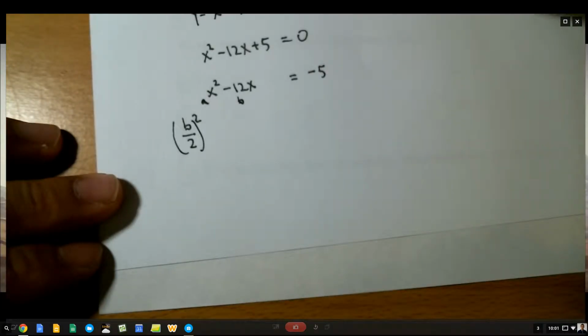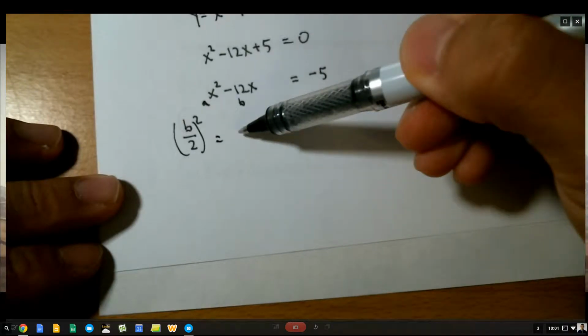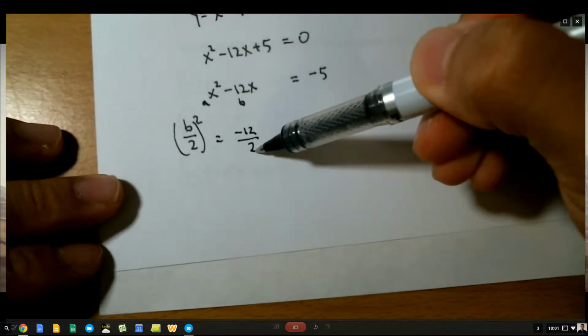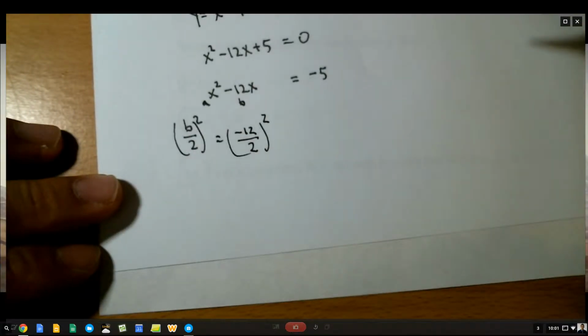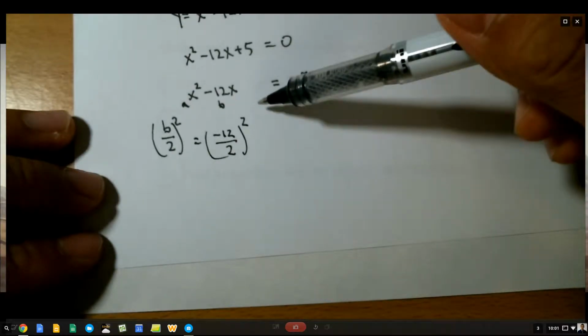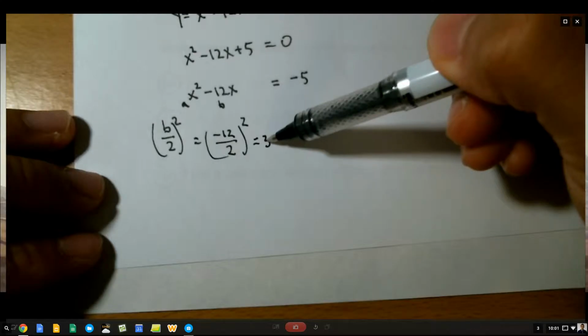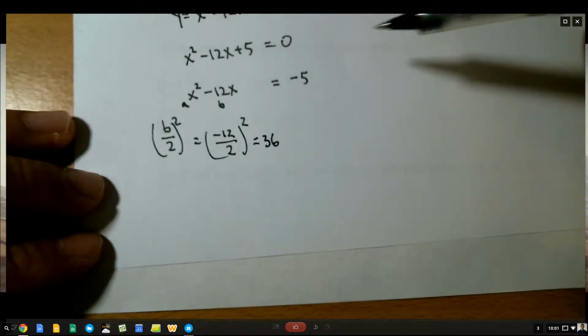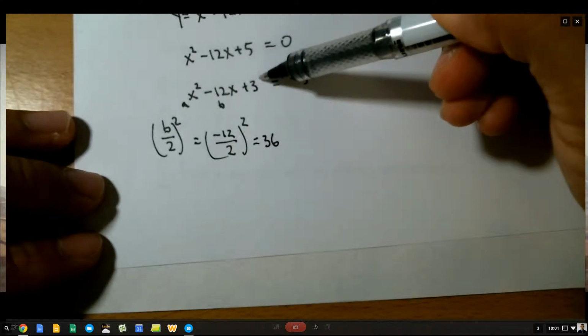So b is -12. So that is equal to -12 divided by 2 squared. And what would that be? -12 divided by 2 is -6. -6 squared is 36. So we plug 36 into here.